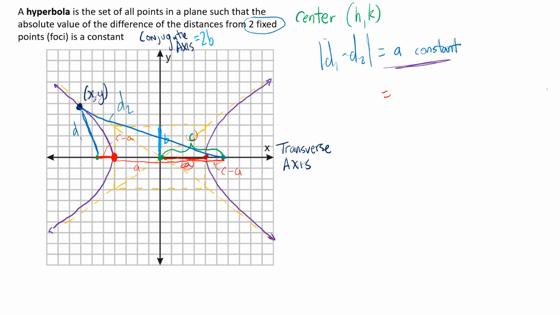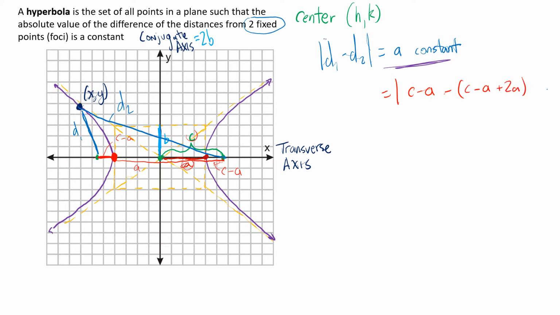This just happens to be really convenient to choose at the vertex, or either vertex. Sorry, let's fix this, I didn't do that right. It would be the absolute value of C minus A, that's your first one, then minus the value of C minus A plus 2A.